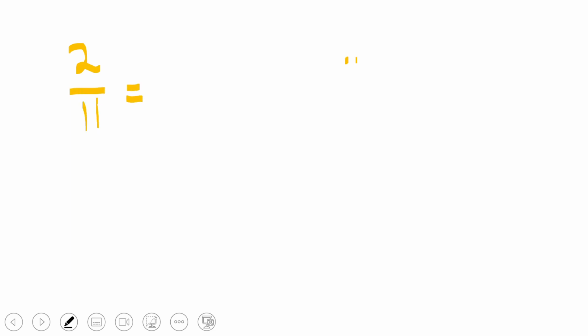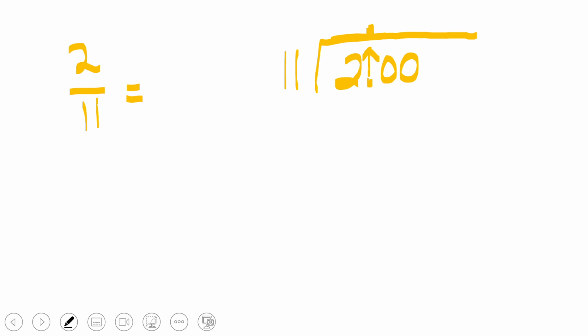Okay. We are asked to change 2/11ths to a decimal. We're going to say, okay, well, we have 2 divided by 11. We're going to annex a couple zeros to get started. And we know our decimal goes straight up. You can kind of figure that out as you go or work it.